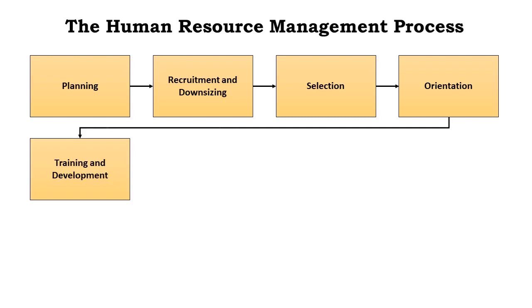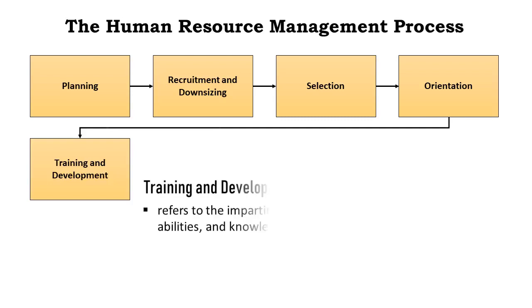After orientation, we have the training and development. Training and development refers to the imparting of specific skills, abilities, and knowledge to an employee. Training and development could come in forms like seminars, training courses, and other forms.